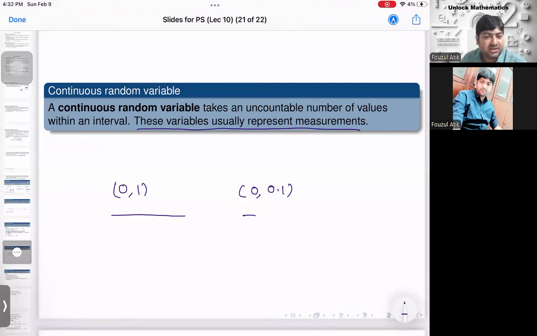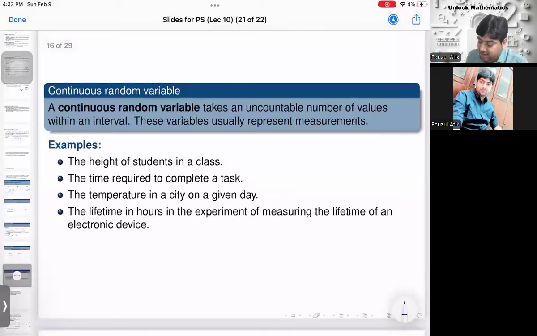Till now we have not discussed any of these events, but we can certainly bring a few experiments. Look at the height of a student in a class. Suppose x is the random variable, the height of a particular student. What values can this x take? Suppose in the class the minimum height is 140 centimeters and the maximum height is 185 centimeters.